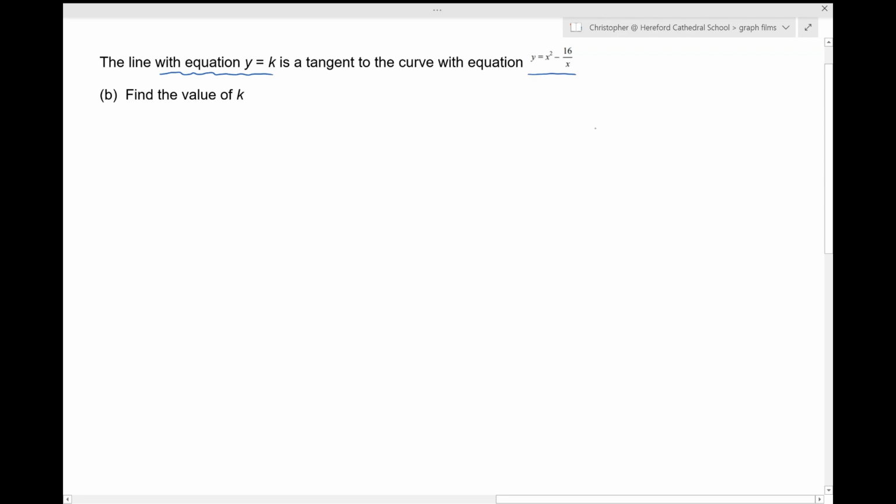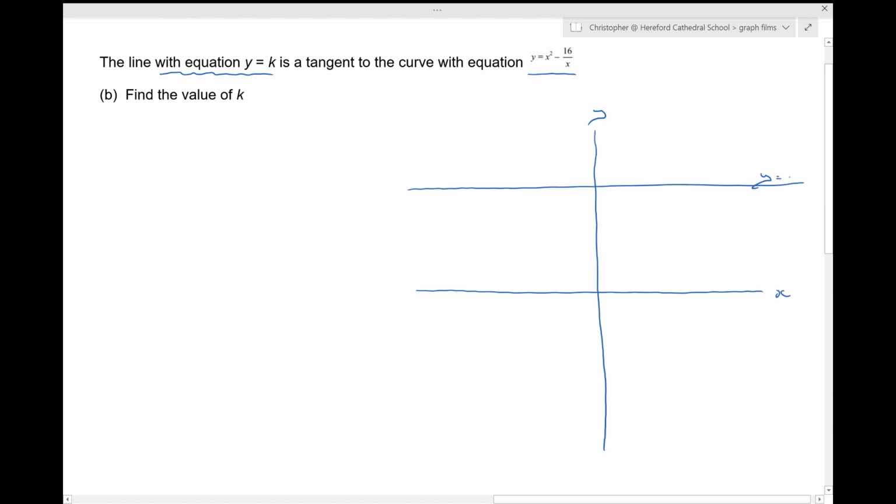Let's draw a diagram. Here's a set of coordinate axes. I've got the line y equals k. I don't know where k is, but let's imagine that that is the line y equals k, which would mean that that is k there. Okay.